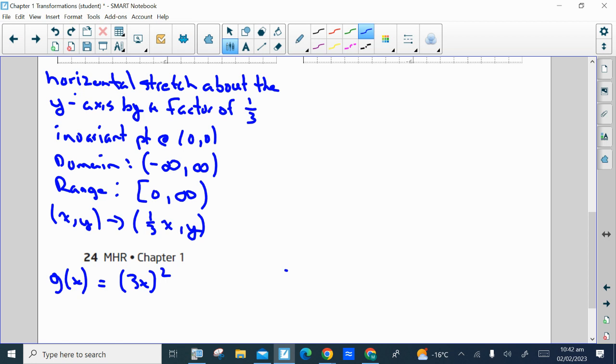And whatever happens to the x also happens to the 3x, in this case, squared. So when you square the 3 as well as the x, you'll get 9x squared. There's the new equation. And you can do either in your calculator if you're checking. Put 3x in brackets and square it, or the 9x squared. It'll give you the same graph.